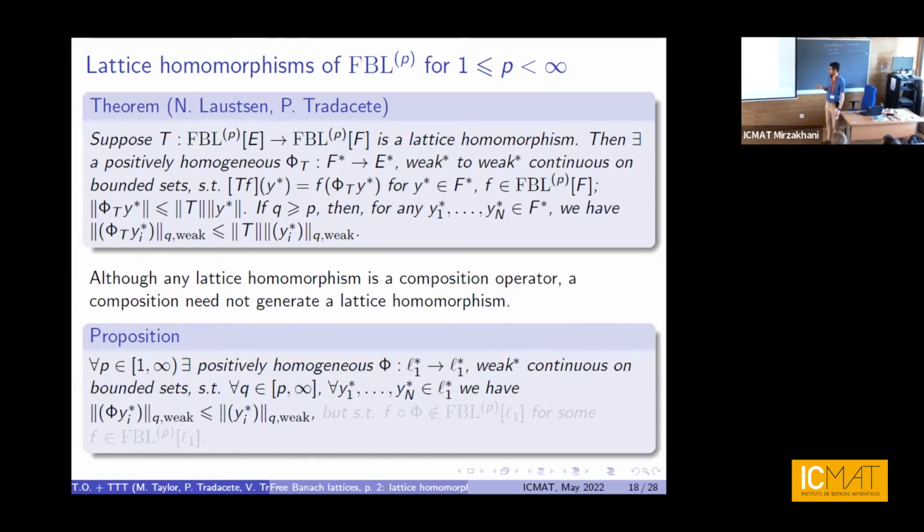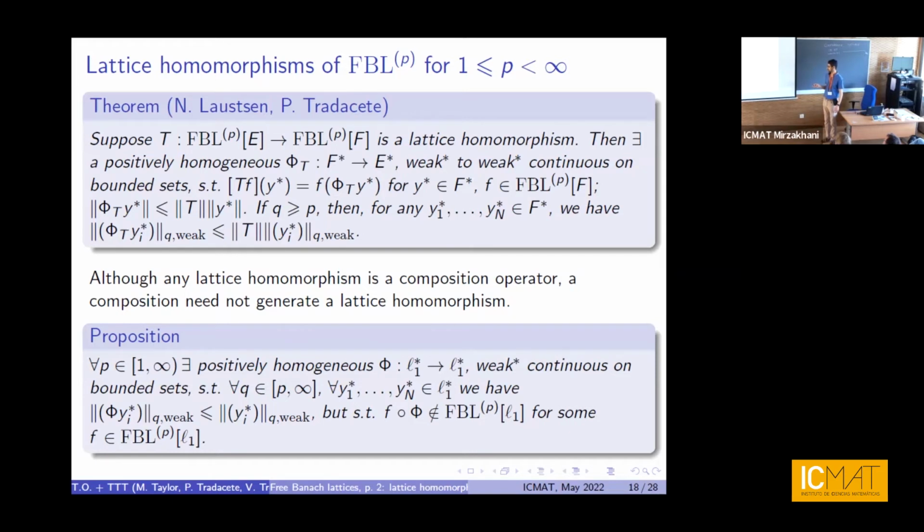More specifically, you can find a positively homogeneous function from the dual of L1 to the dual of L1 so that the cubic norms are preserved. It's weak star continuous on bounded sets, but the corresponding composition operator does not define a lattice homomorphism on the free Banach lattice.